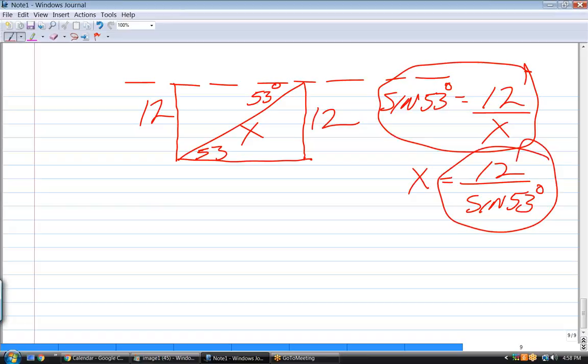What do you get? 15. Good. Again, you don't want to get a number like 150 or anything less than 12. Always remember the hypotenuse of a triangle is the longest side.